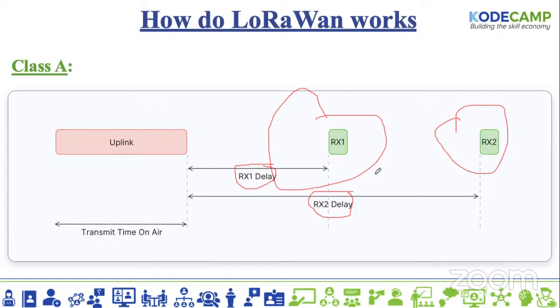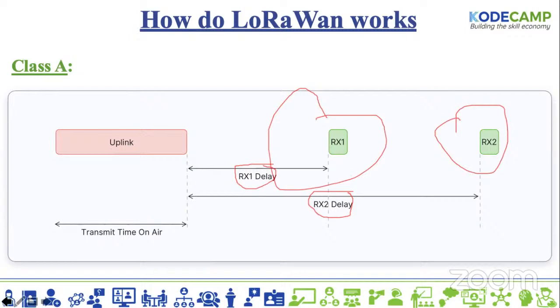Then after that uplink, you have a downlink. So that's how it goes. It fluctuates: uplink and downlink, uplink and downlink. Once it misses that first period of the first two windows created, the next reception is going to be after the next uplink.